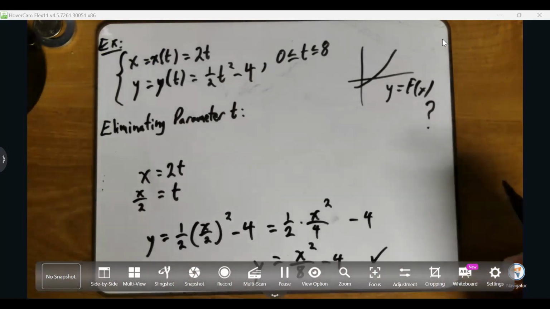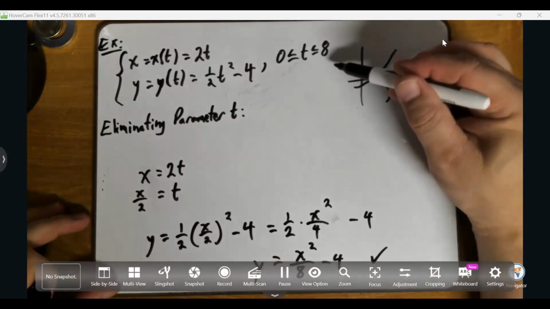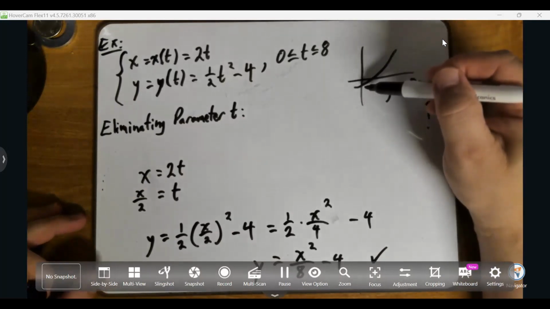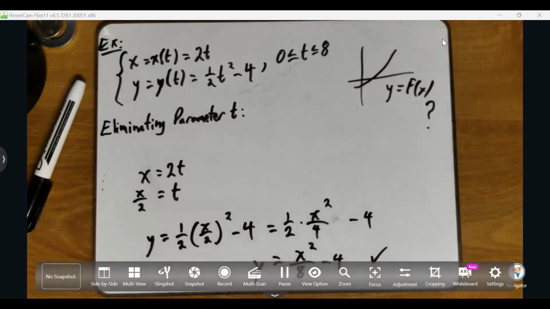So if I graph that, that curve is going to overlap the path that we traced out when we drew the parametrics. So that's the eliminating the parameter idea. I'm not a big fan of that, though it's a good concept to know.